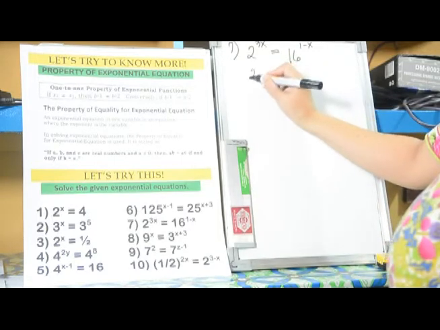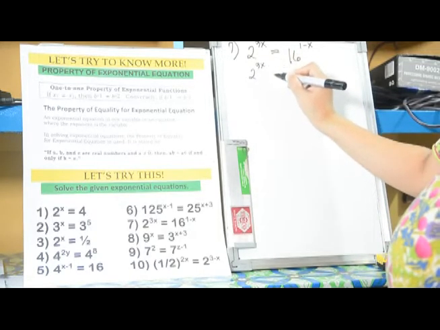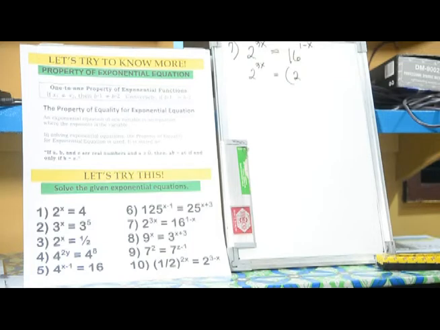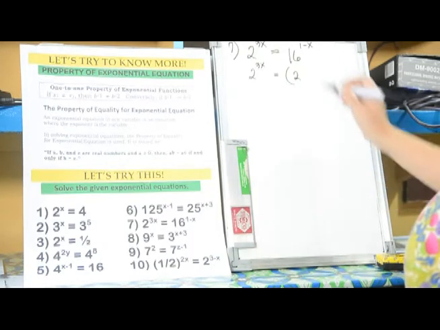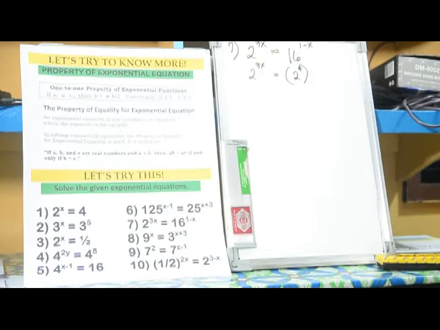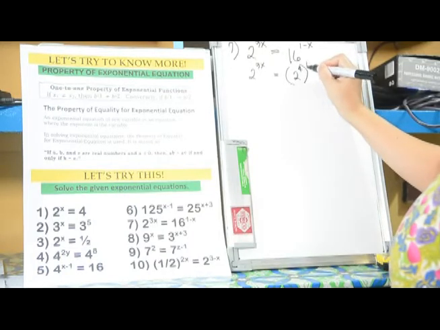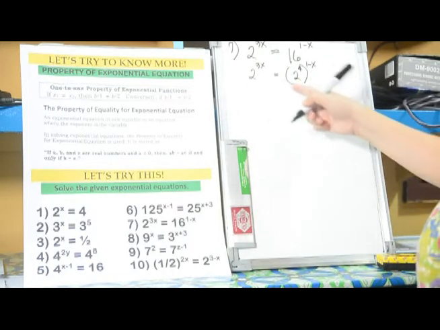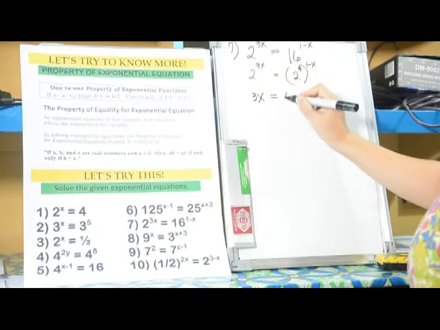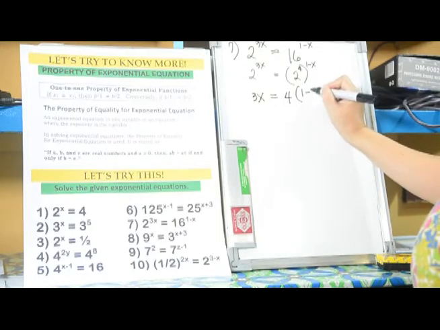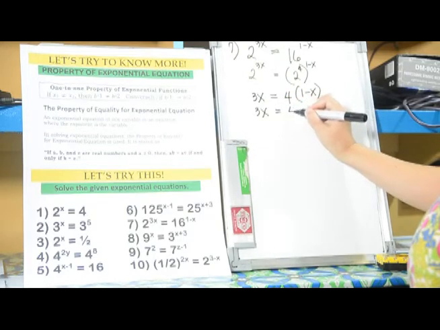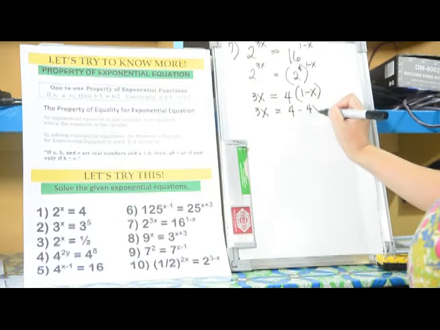So we've got 2 raised to the power of 3x is equal to 2 raised to what? 2 will be raised to 4 to make it 16, because 2 to the 4th is 16, and this will also be raised to 1 minus x. So we have the same base now. We've got 3x is equal to 4 times the quantity 1 minus x. So you have 3x, and distribute this one: 4 minus 4x.